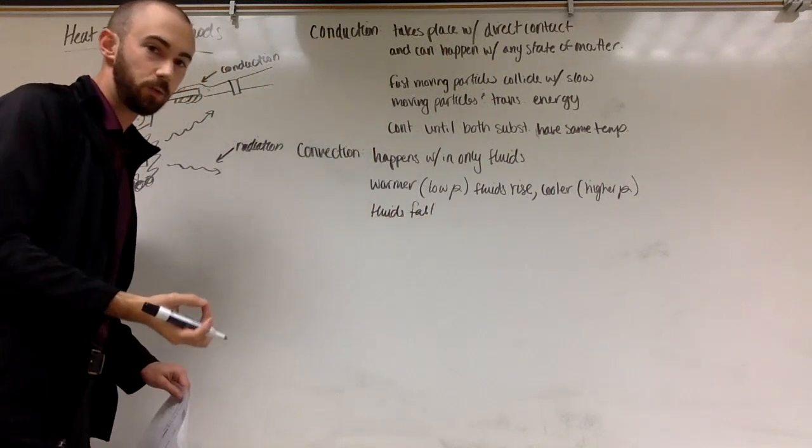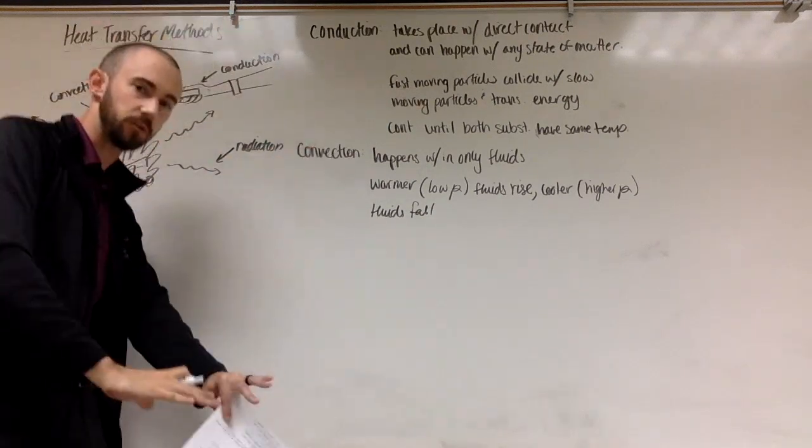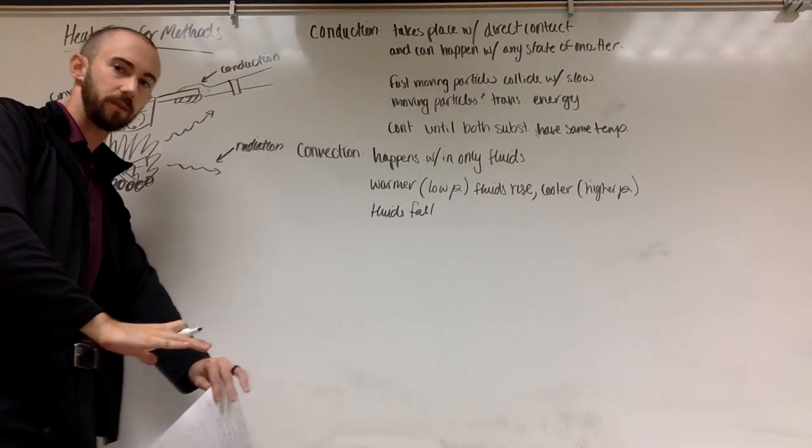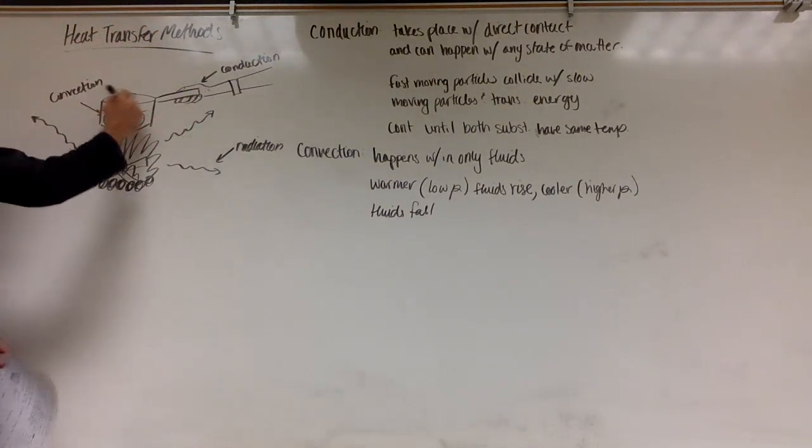So the higher energy ones can move further away from the pole of gravity. They're less dense. The heavier stuff falls down, or the denser stuff's going to end up at the bottom. That's how convection works. You see it in water.